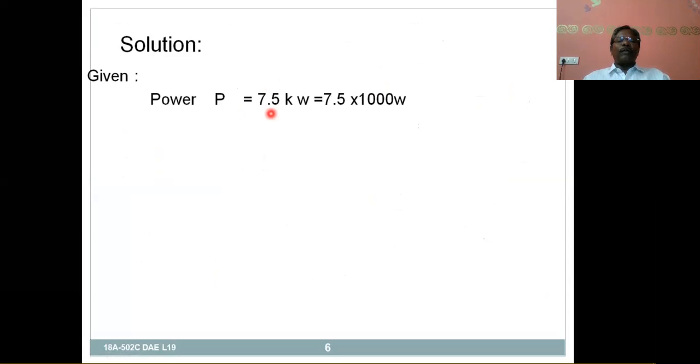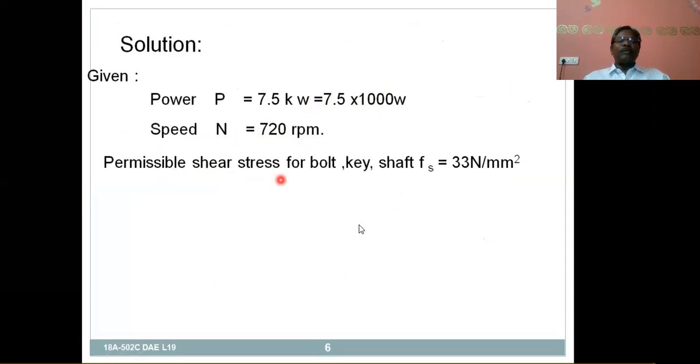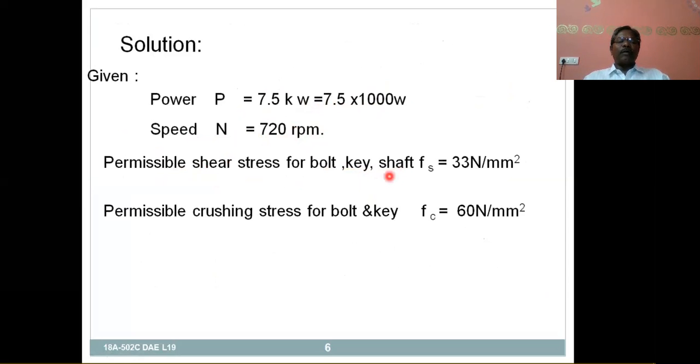So power is there for us, which is 7.5 into 10 to the power of 3 watts, and speed is 720 revolutions per minute, and permissible stress for bolt, key and shaft is Fs, that is 33 Newton per mm square.